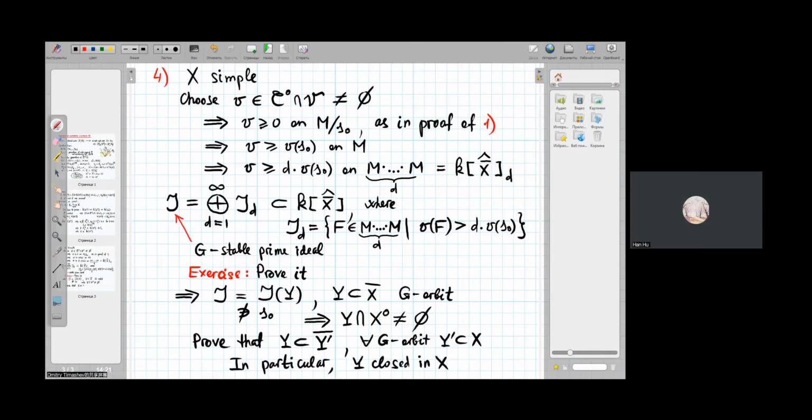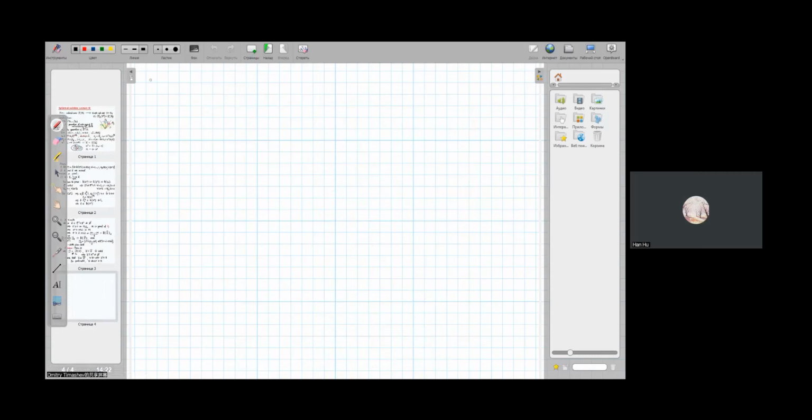So how to prove this? How to prove that Y is contained in the closure of any other G orbit in X? We shall again use the blow-up construction.